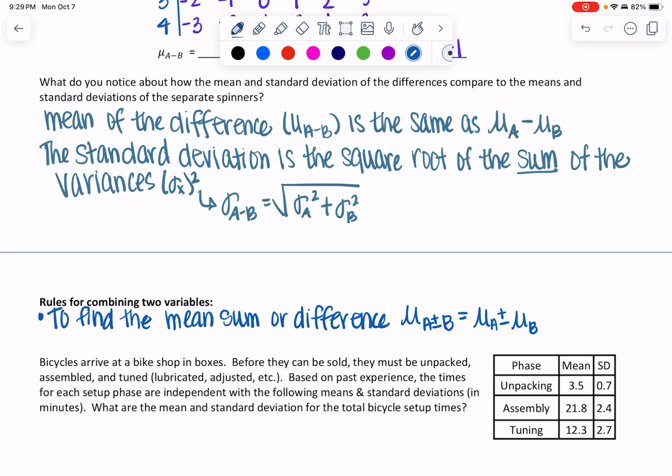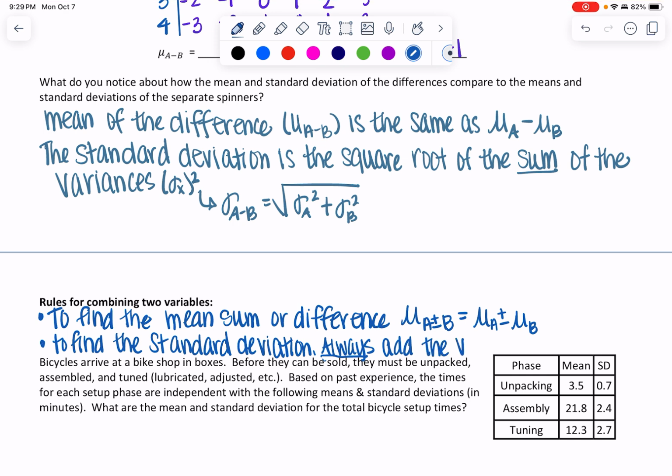For the standard deviation, and I did not leave y'all a ton of room, I apologize. To find the standard deviation, always add the variances and square root.